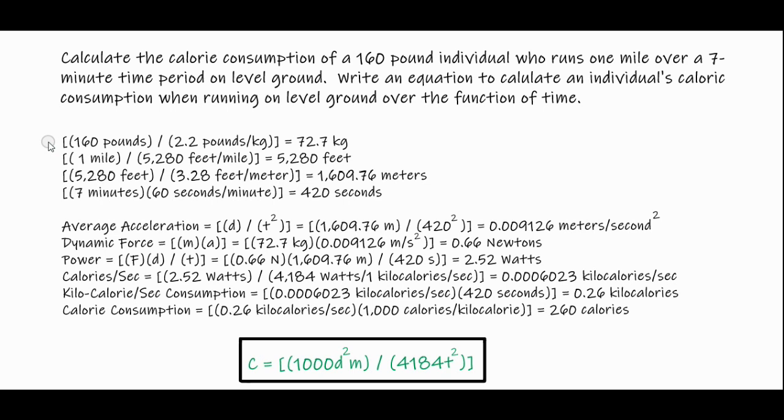And then we have an equality of 4,184 watts. It's also equal to 1,000 calories per second output. So we compute a very tiny amount of kilocalories per second output times the number of seconds, and then convert that into calories by multiplying times 1,000. So the given runner will consume 260 calories over the given run.